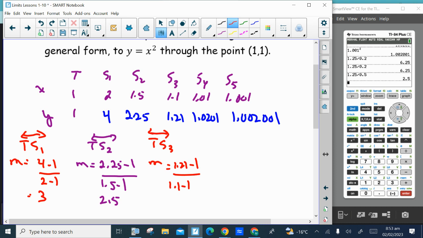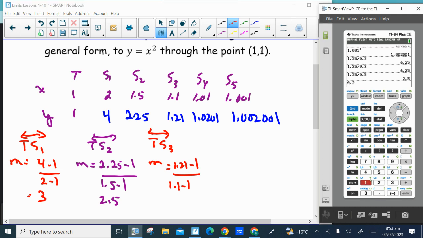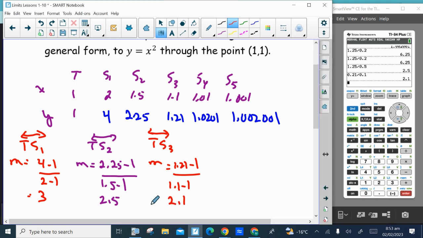So that'll be 0.21 divided by 0.1, which is 2.1. So it looks like it's approaching a value of 2. That's what it appears to.